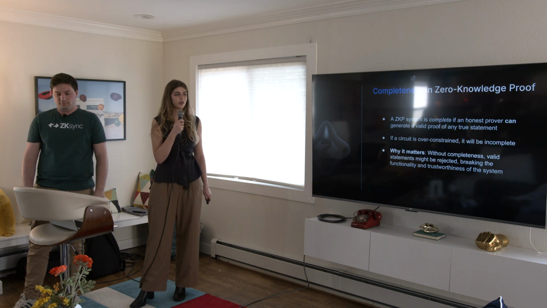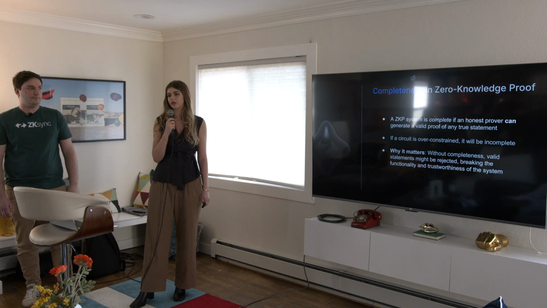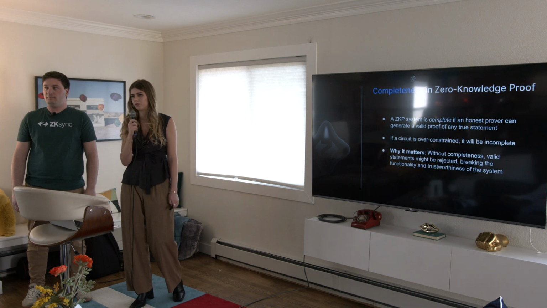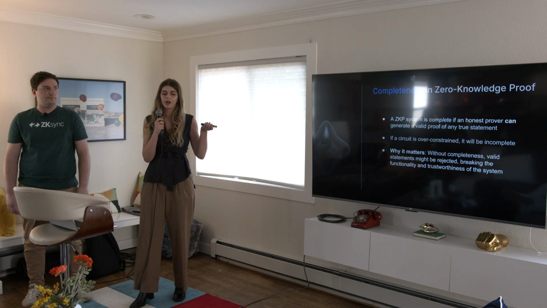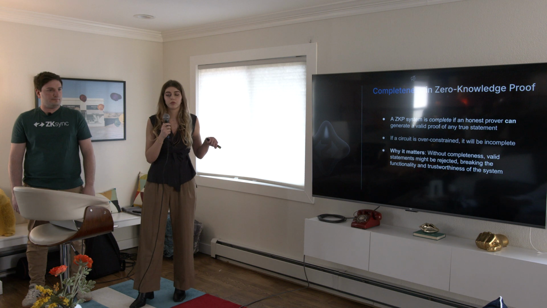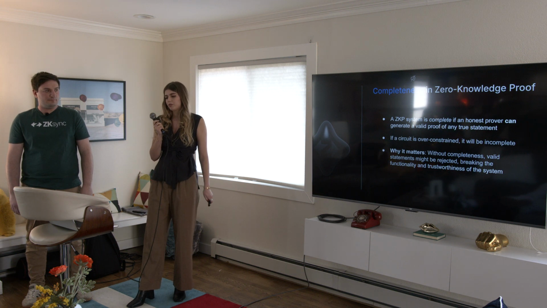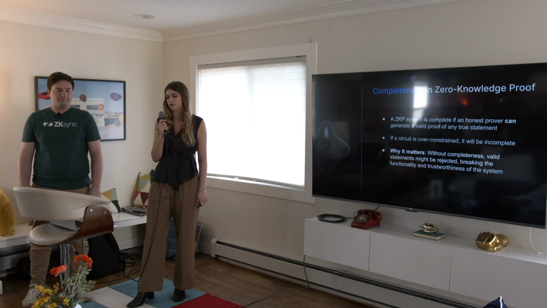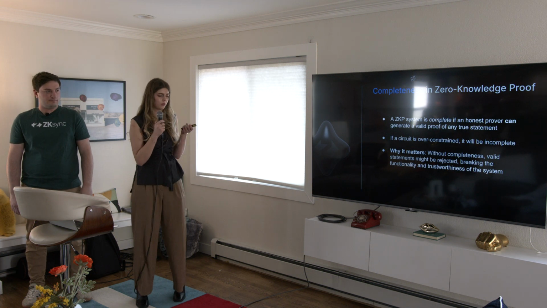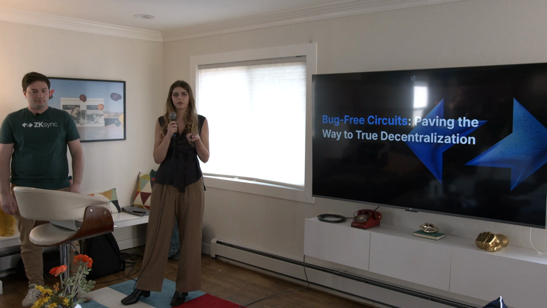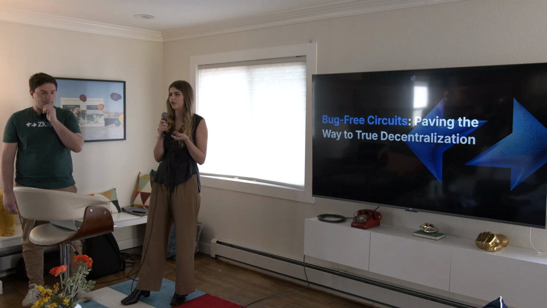As I mentioned earlier, you have a valid witness which should satisfy, for example, a Fibonacci constraint: generate a proof for the n-th Fibonacci number, and if we have some over constraint, it won't pass. So it's kind of a problem, right? And why does it matter? We can't generate a proof for a valid statement. So why is it important to have circuits without bugs?